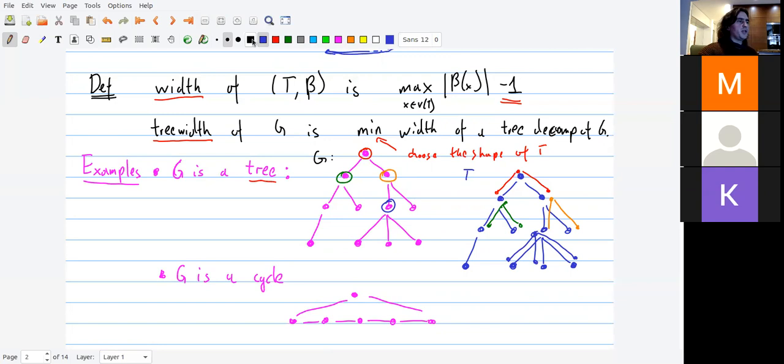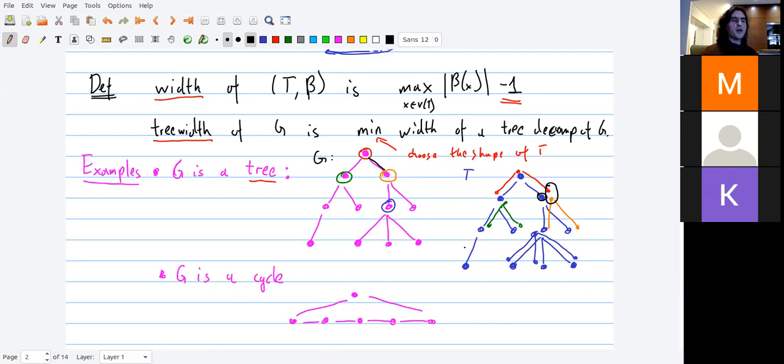So now observe that whenever we have an edge of my original graph, this edge is entirely contained in one of the bags. Because the bag of this vertex here consists of these two vertices, the orange one and the red one, and then every edge of my graph is contained in the bag of the lower end.